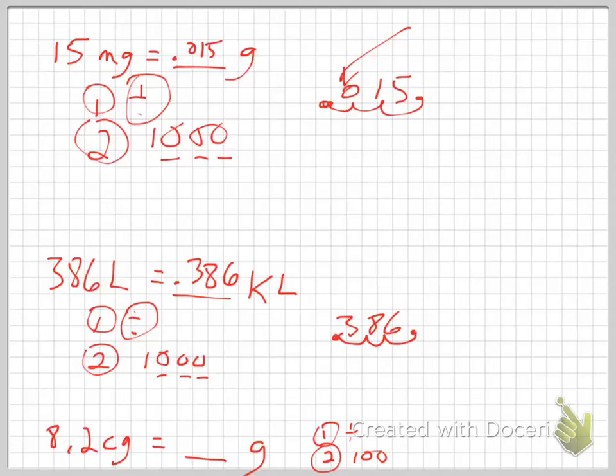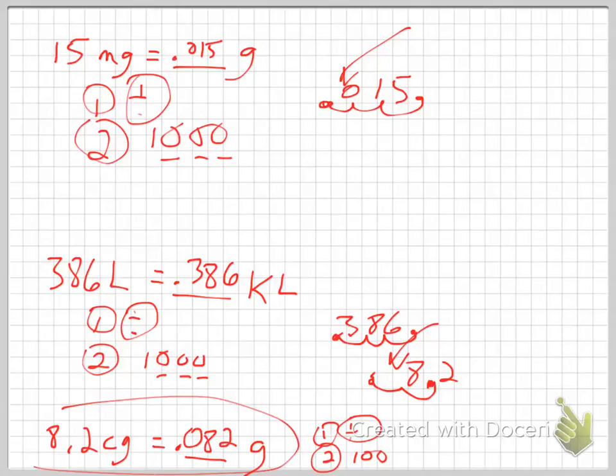There was 8.2, and I moved the decimal to the left. Why left? Because it's divide. How many spaces? Why 2? 2 zeros. What goes right here? 0.082 is the answer.